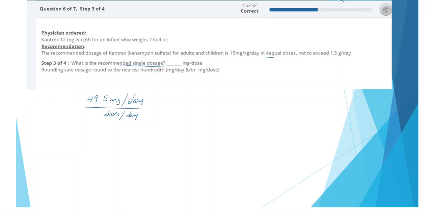And it said up here that it was 4 equal doses, so I'm going to divide it by 4. And I get 12.38 milligrams per dose. So my milligrams per dose is the same thing as my single dose.